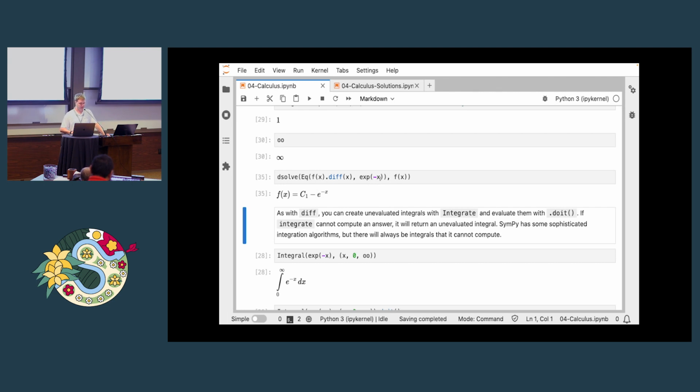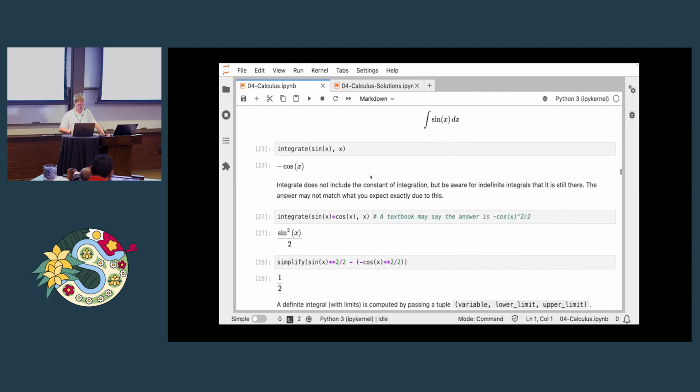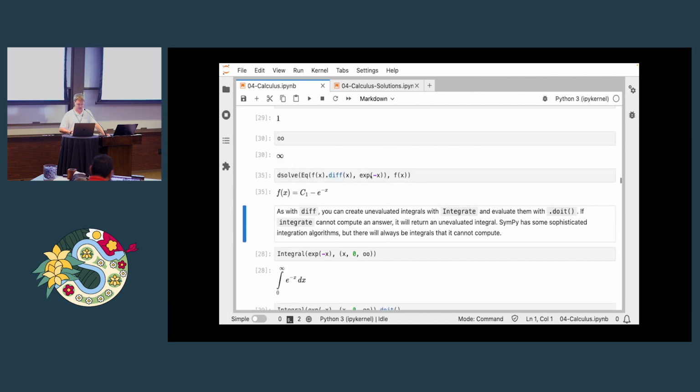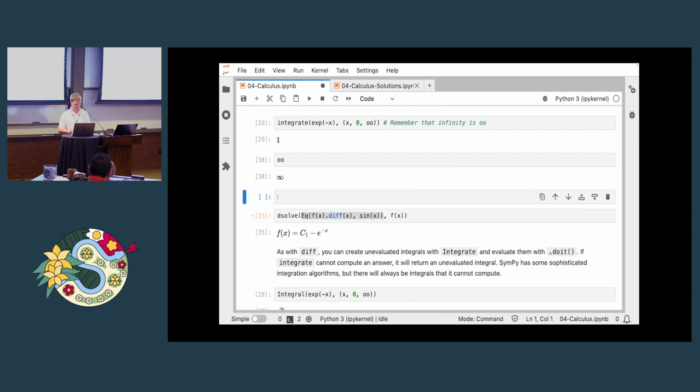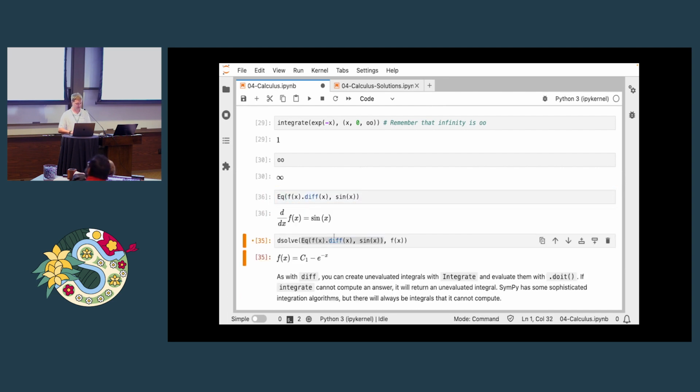If you really want to integrate, say, sine x, you could represent this integral as this ODE, and then solve that ODE with dsolve, and that will give you something that includes a constant.